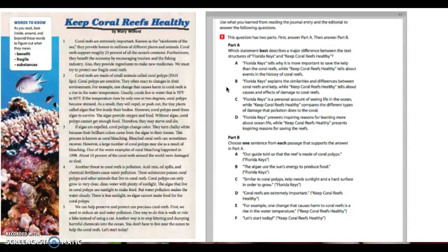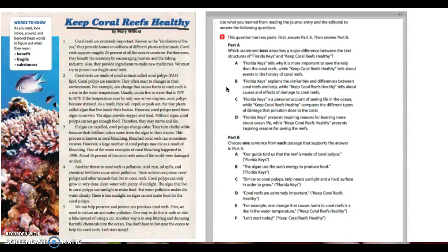Coral polyps can only grow in very clear water with plenty of sunlight. The algae that live in coral polyps use sunlight to make food, but water pollution makes the water cloudy. There is less sunlight, so algae cannot make food for the coral polyps.